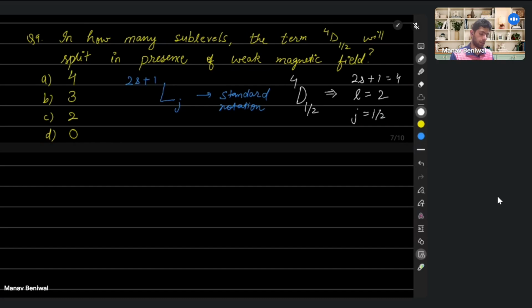So this basically means that 2S will be 3 and S will be 3 by 2. So let us rewrite this as S equals 3 by 2. And J is L minus S, so 2 minus 3 by 2, which will give us 1 by 2. So all good.